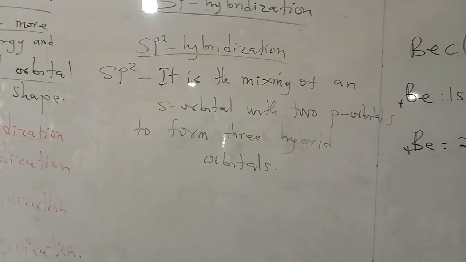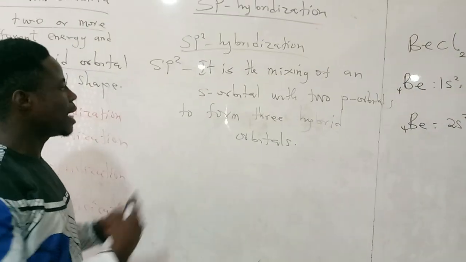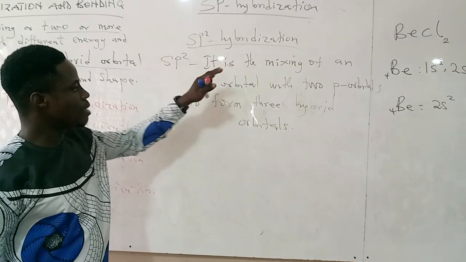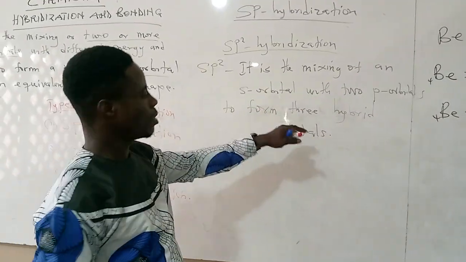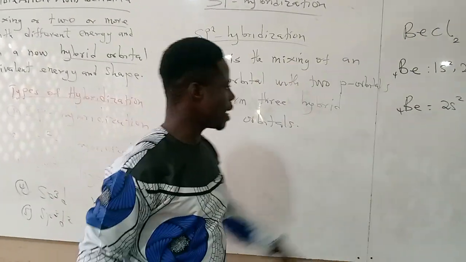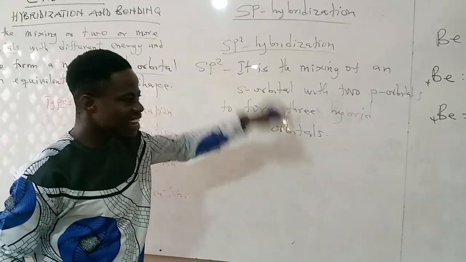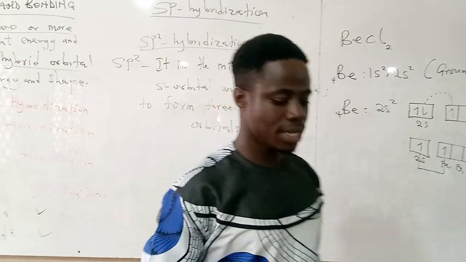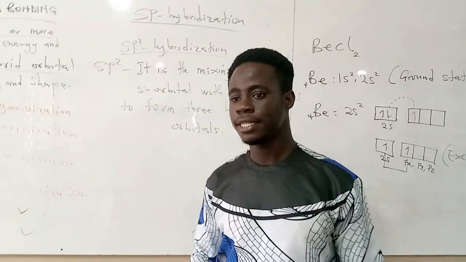It is also the mixing of an s orbital. So you can see sp2 is the mixing of an s orbital with two p orbitals to form three hybrid orbitals. So the question is, how many hybrid orbitals are formed under sp2 hybridization?